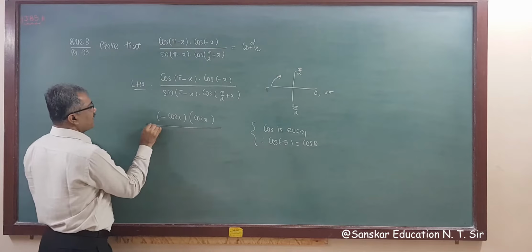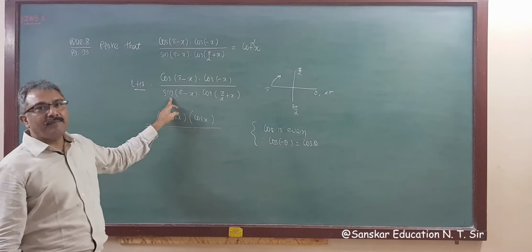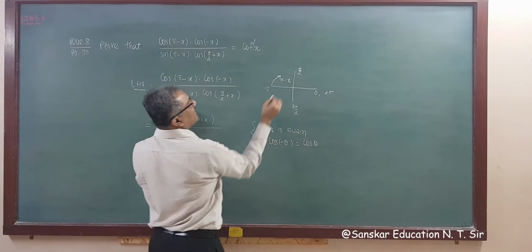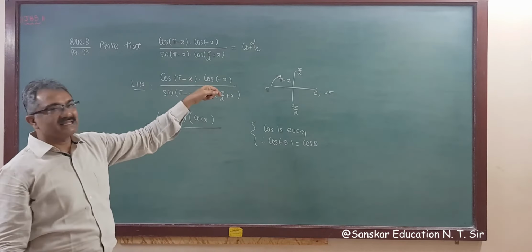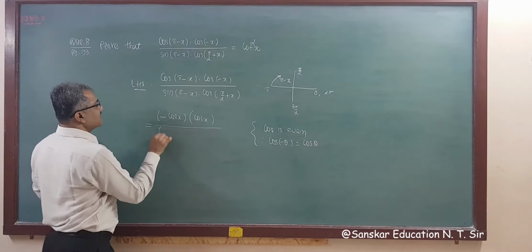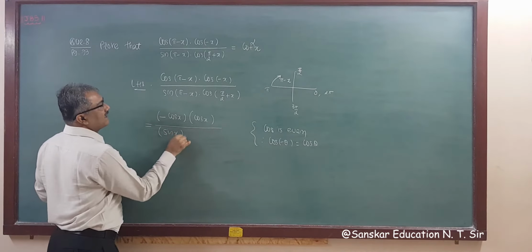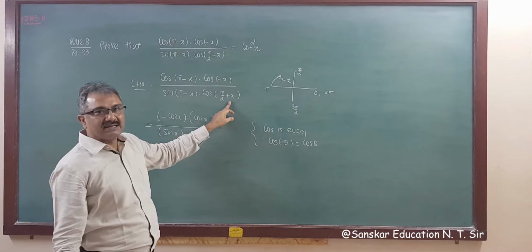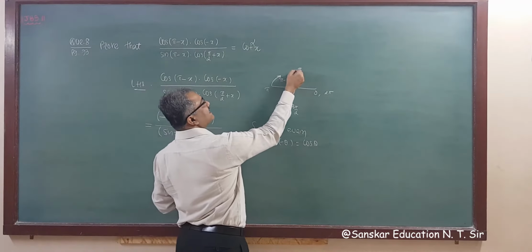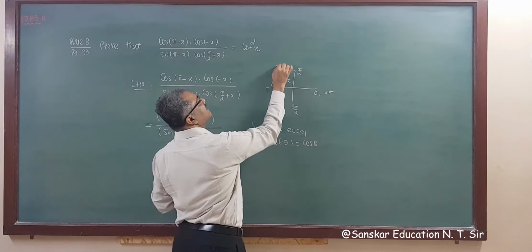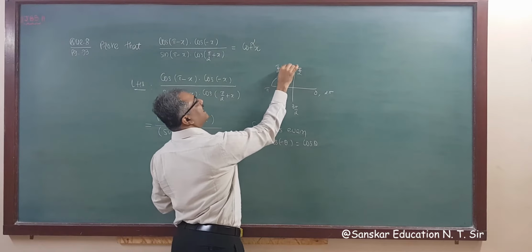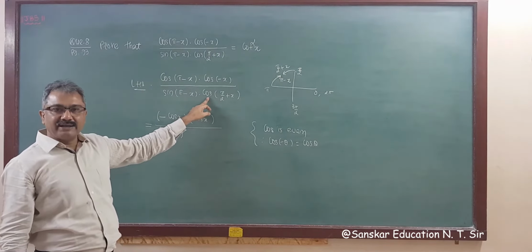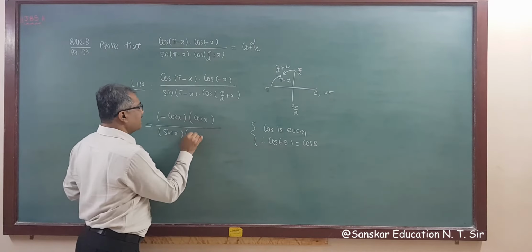Whole upon, again sin(pi - x), so this is pi minus x, that you know. Sin(pi - x) is sin x, so this is sin x. Then cos(pi/2 + x): this is pi by 2 plus, in the second quadrant cos is negative, so this is negative.